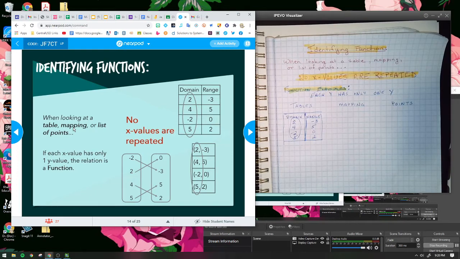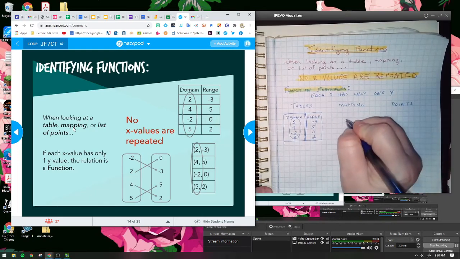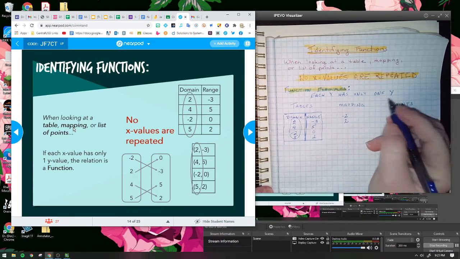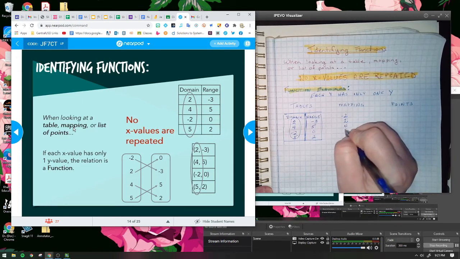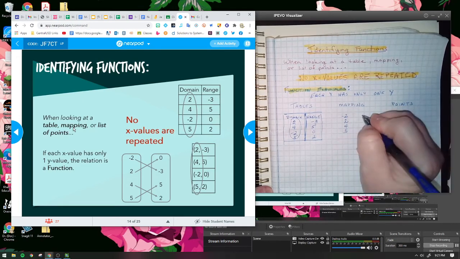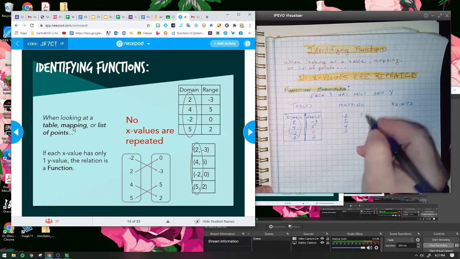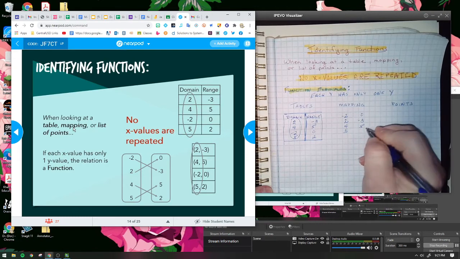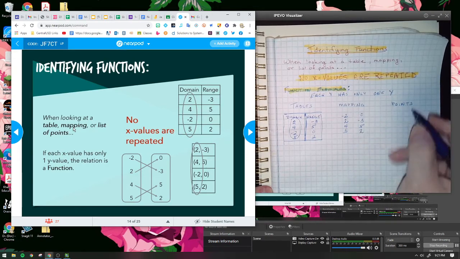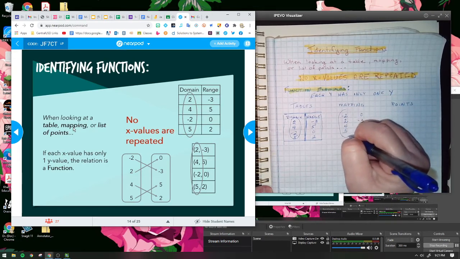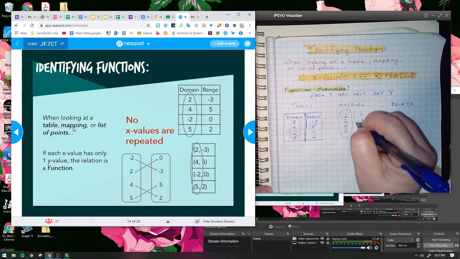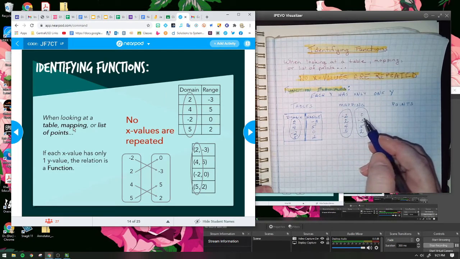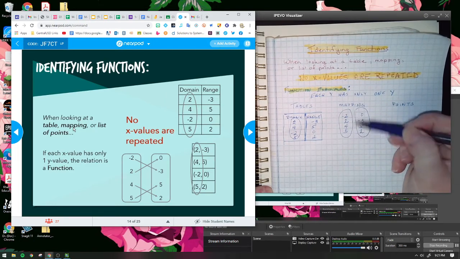Now, the mapping. I have a -2, a +2, a 4, and a 5, and across from that I have the 0, -3, 5, and 2. In a mapping you've got these circles: this is your X, and these are your Y's. When you do mapping, you only write each number down once.